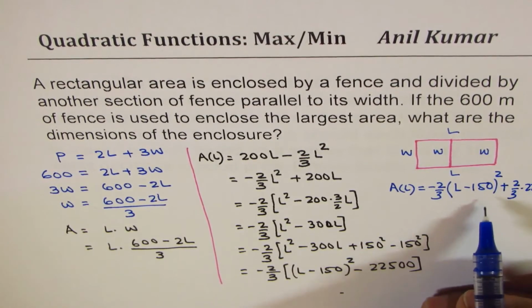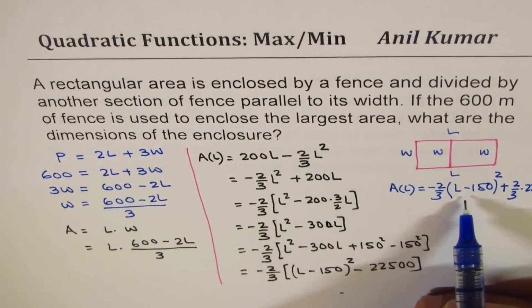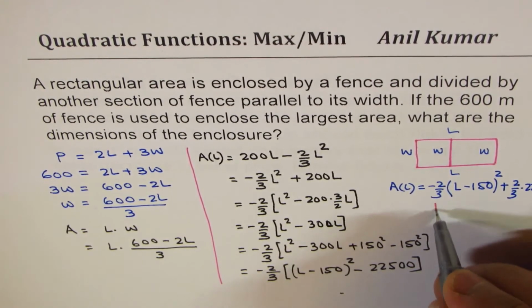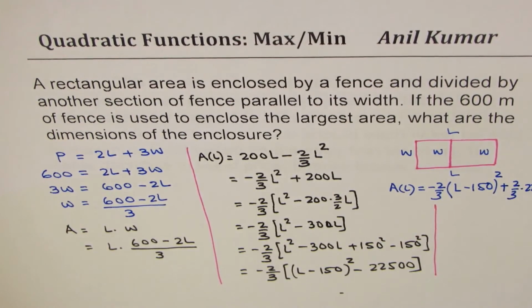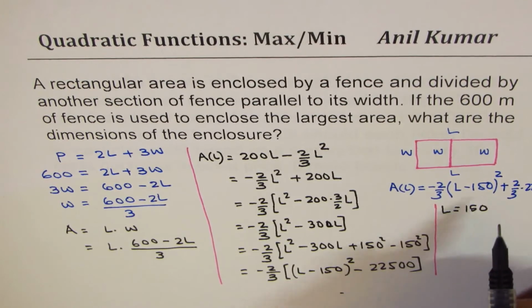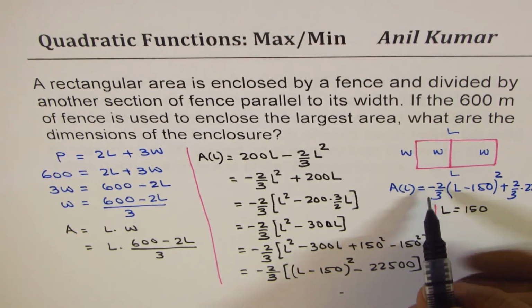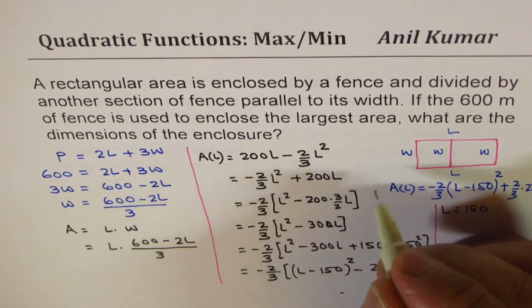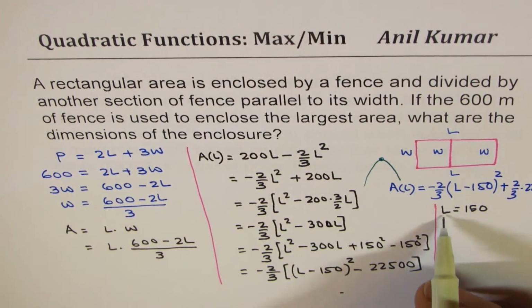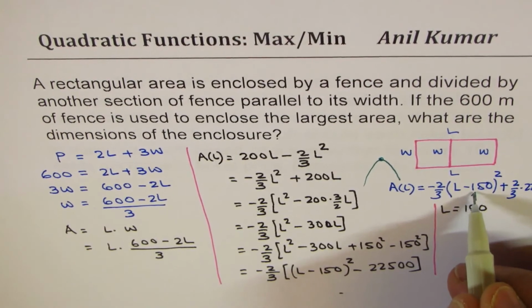Now clearly from here, maximum area will occur when length is 150. Okay. Let's analyze. So when L equals 150, we get maximum area. Maximum because negative sign indicates parabola is opening downwards. So we have maximum at L equals 150, which will make this 0.